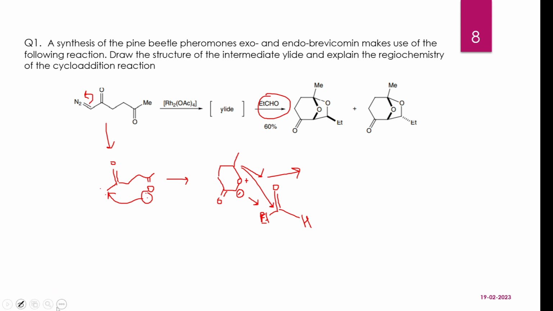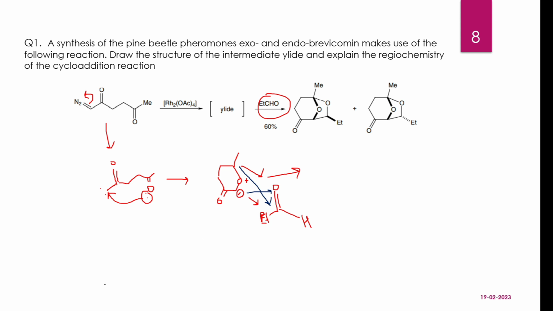I will show it differently. It can also join in the reverse way, like this will join here and this will join here. So what is the regiochemistry here? Which center will join to which center?